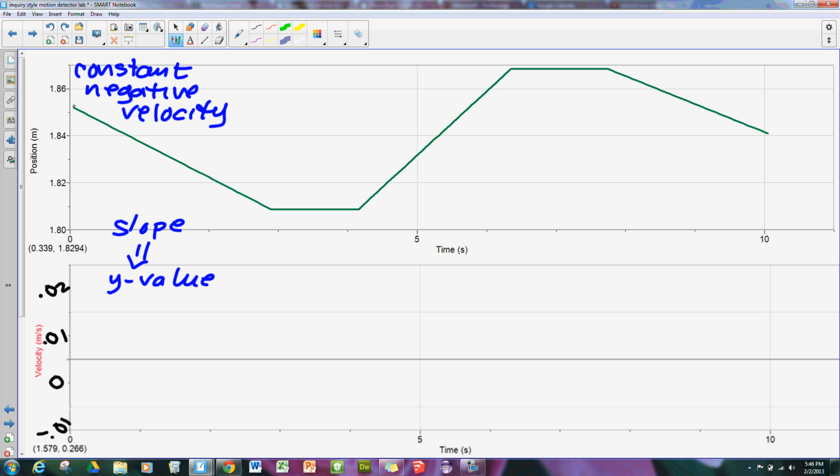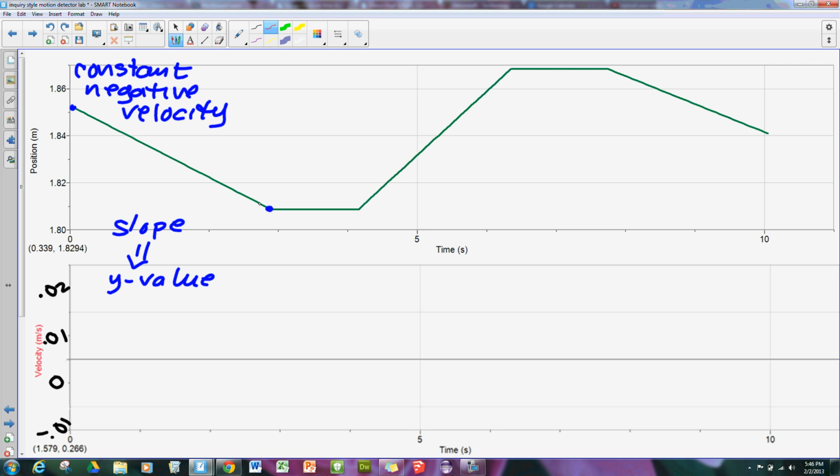So to find the slope, I do two points on the graph. I'll do these two. So I do y2 minus y1 over x2 minus x1. So let me write out my formula for that.